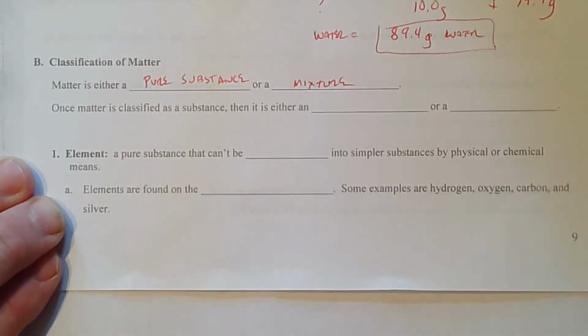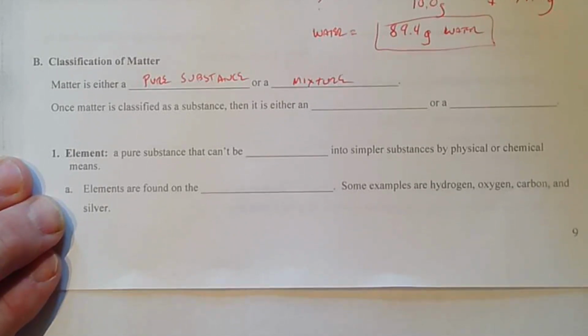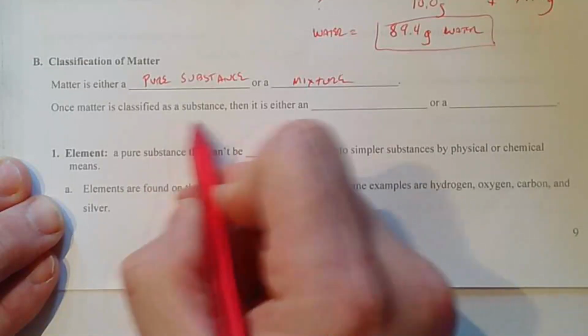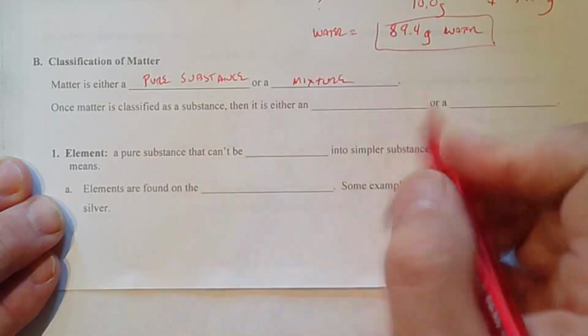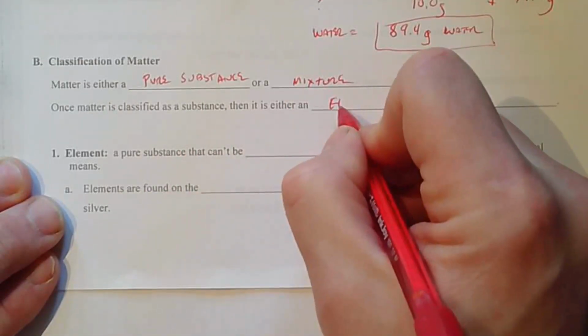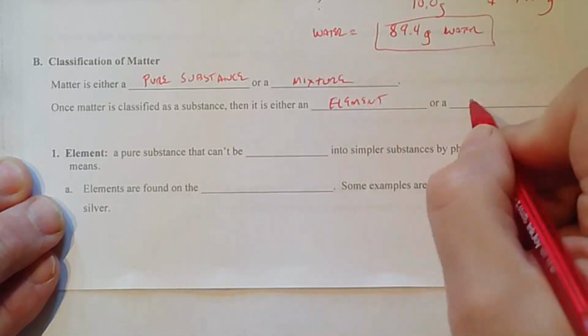Okay, so if we just look at what a pure substance can be, we kind of talked about this a couple pages ago when we were talking about the physical properties of things: if matter is determined to be a substance, then it is either an element or a compound.